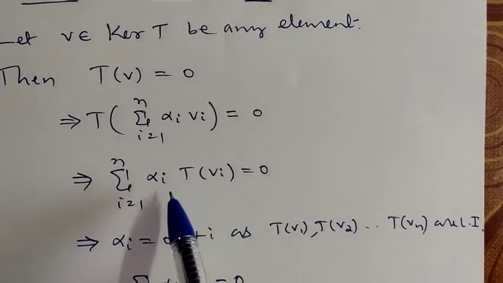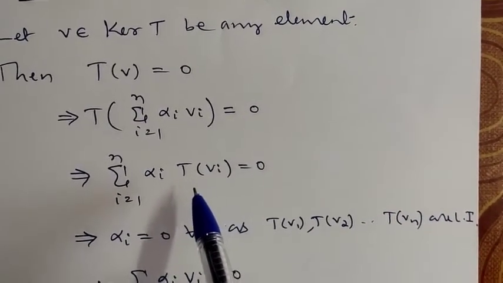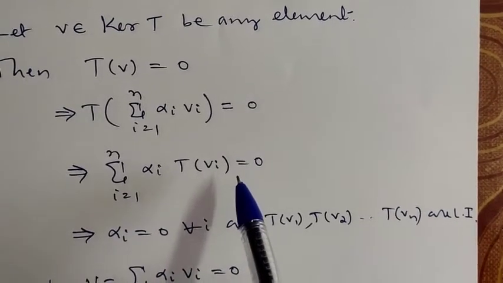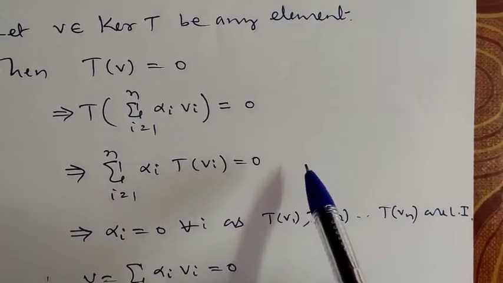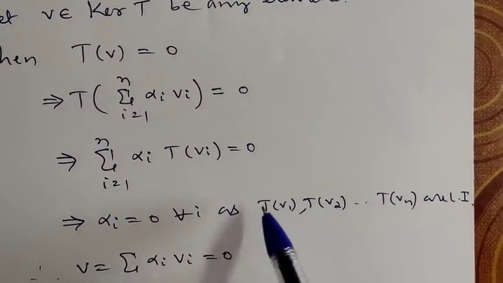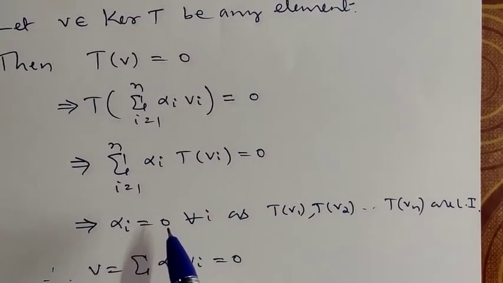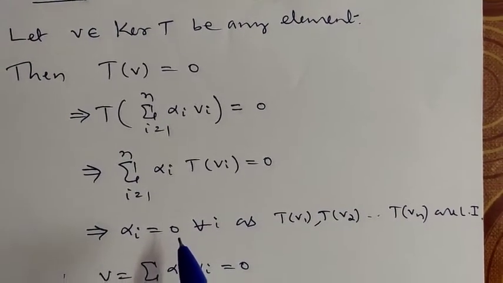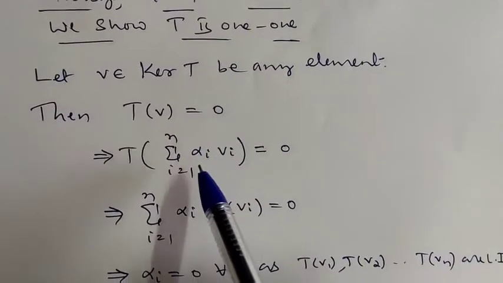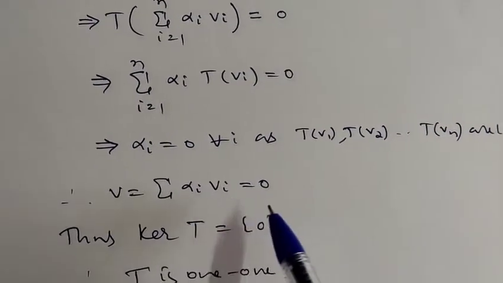So alpha 1 into T of V1 plus alpha 2 into T of V2, etc., alpha n into T of Vn is 0 means each alpha i must be 0, because these are linearly independent. Now each alpha i is 0, so v is summation alpha i Vi and each alpha i is 0, so v must be 0.